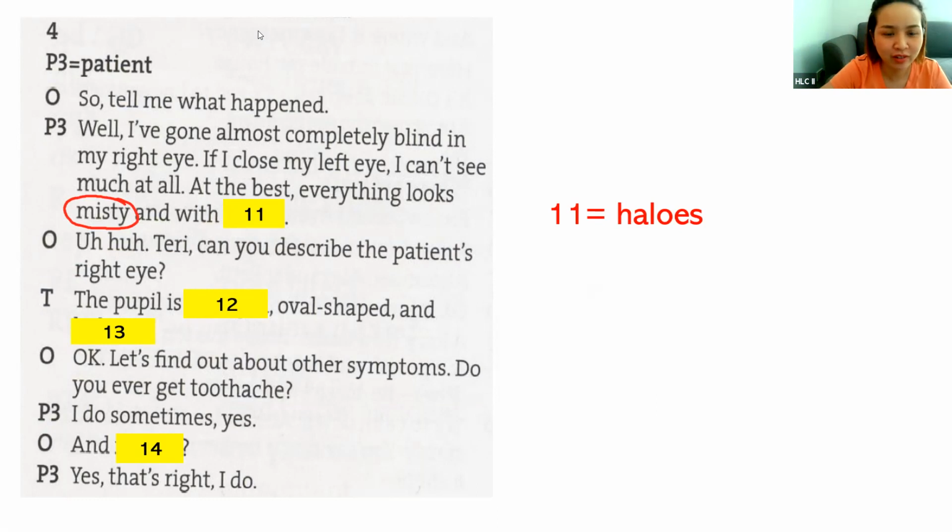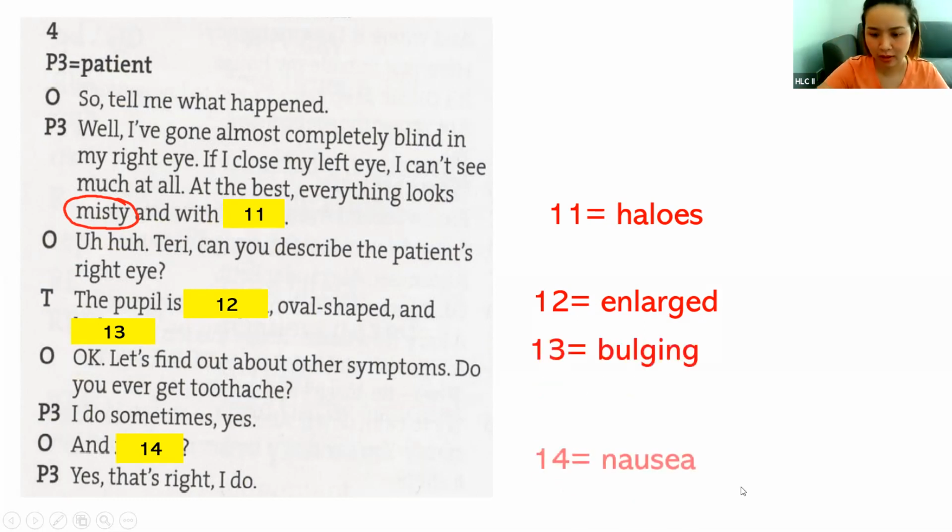So this is very bad for this patient. Okay, what about his right eye? Number 12, the missing word is enlarged. Enlarged means big. It's the hi-so word, the academic word for big. The pupil, so his pupil is big, oval shaped, รูปร่างเป็นไข่นะคะ.